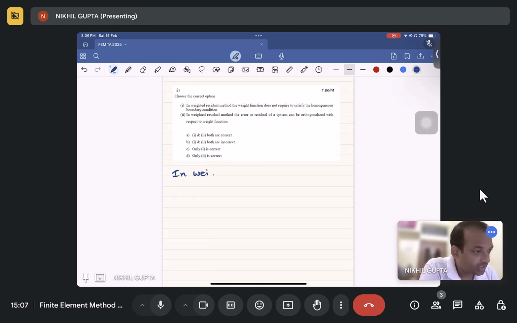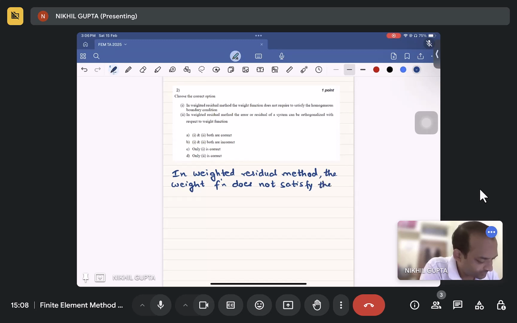What happens in weighted residual method? The weight function does not satisfy the homogeneous boundary condition.